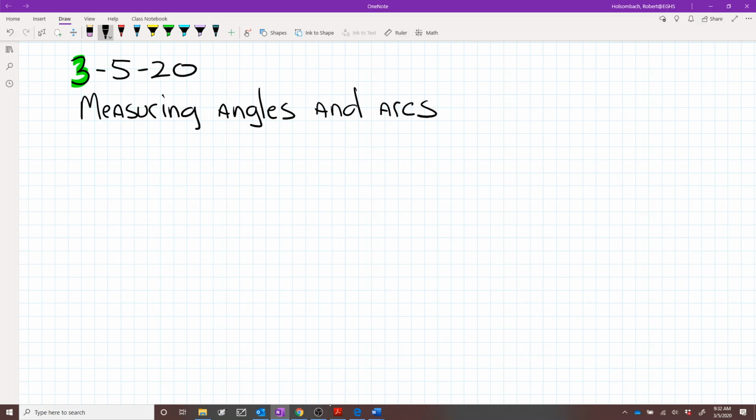Alright, so example 3 on the top of page 708, you're asked to find each measure.